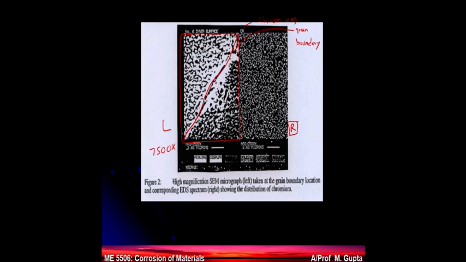You can expect this kind of question in quiz 2. Okay, that's a correct answer. It is not an intergranular corrosion failure. The reason?